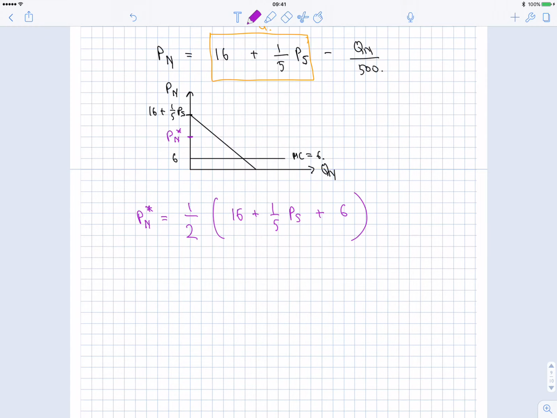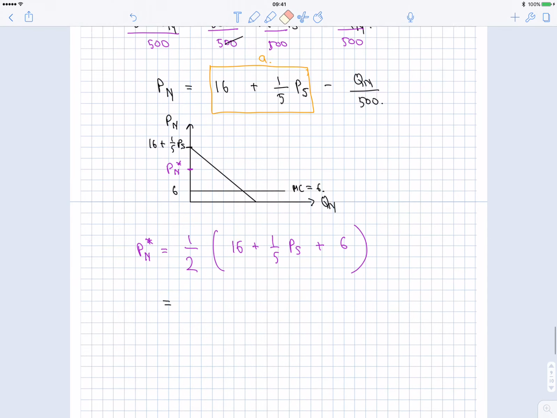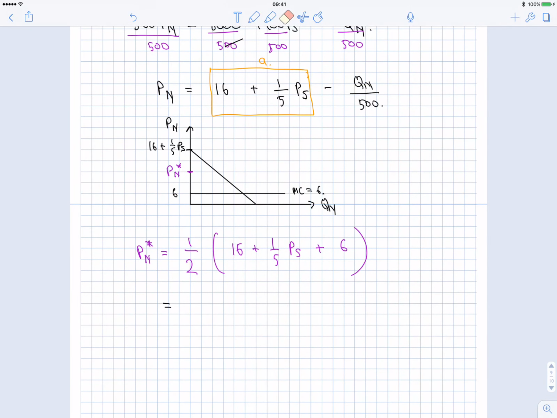Agree? 16 plus 6 is 22. Right? Yes? No? 16 plus 5, right? 5, yes. Is the marginal cost 5 for North? Yes, okay. Makes sense.